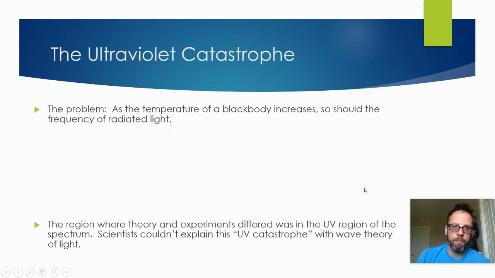So what was the issue? The problem was, according to the wave theory of light, as the temperature of a black body increases, so should the frequency of radiated light. So what you should get, make sure I have my graphs.